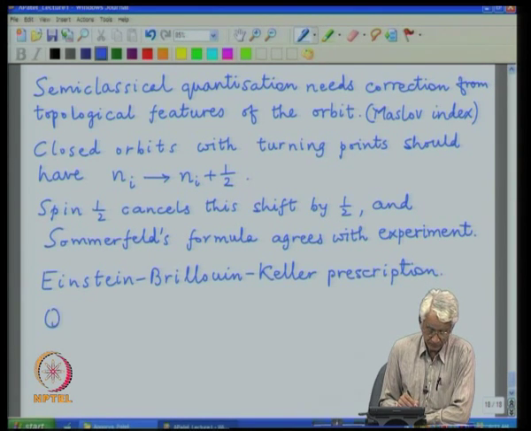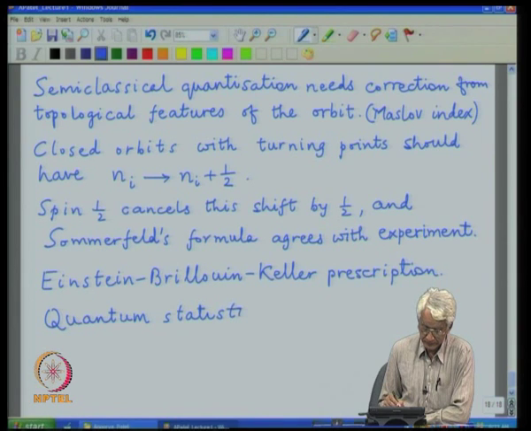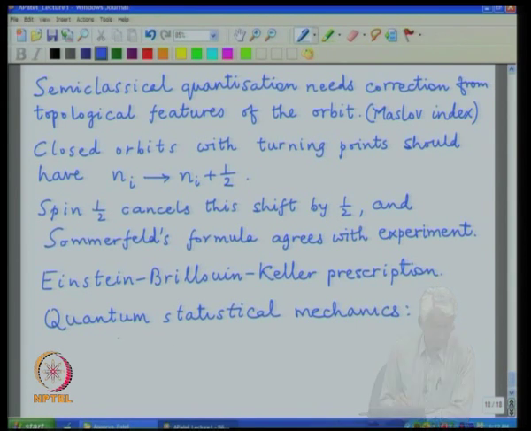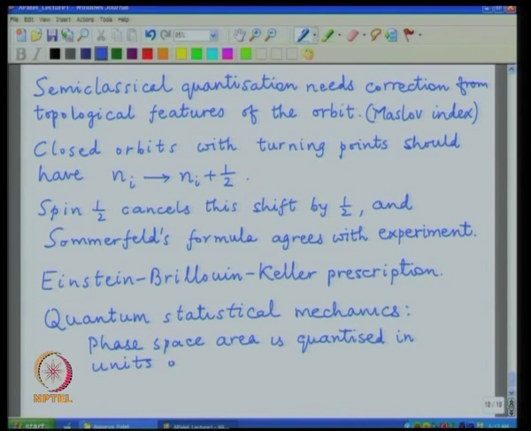So the phase space area is quantized in units of Planck's constant.